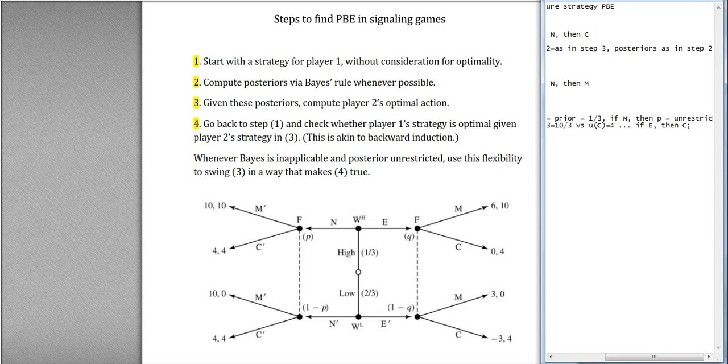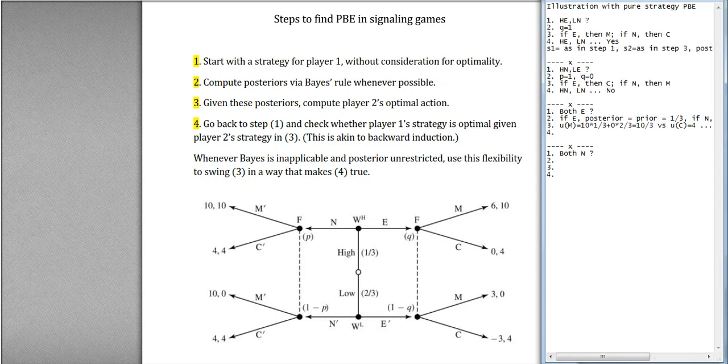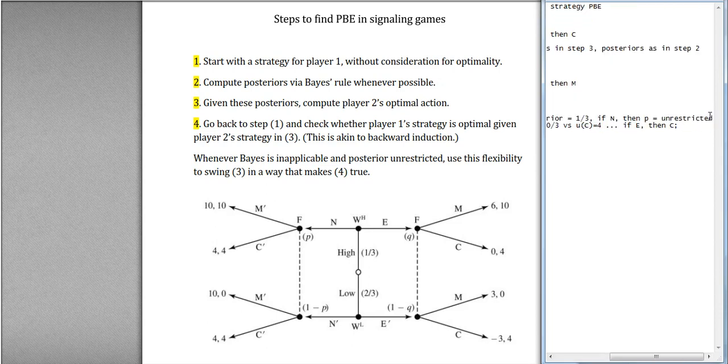Very good. So what is the best response if the firm observes the person is not educated? It could be either M or C, depending on the unrestricted posterior P.